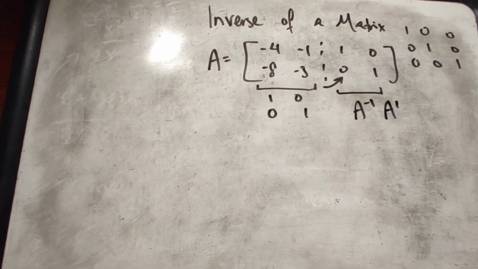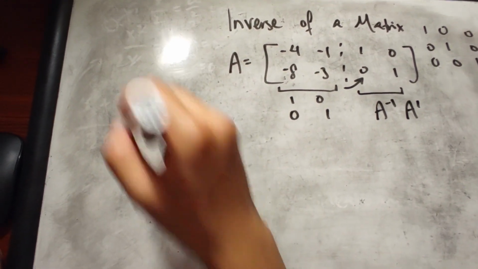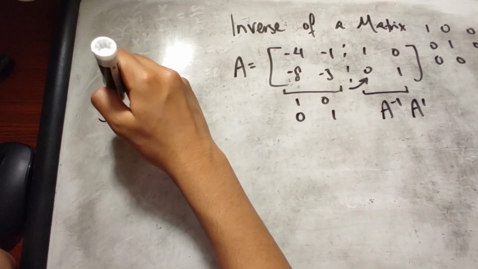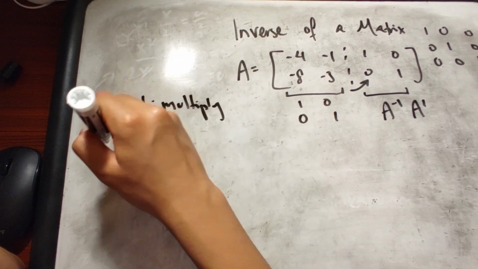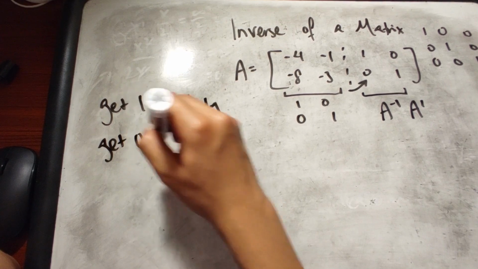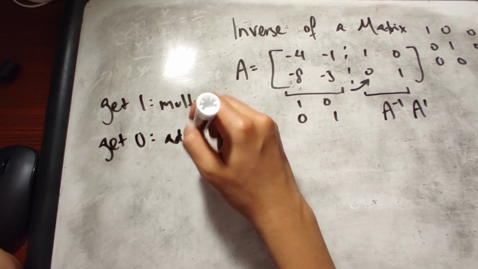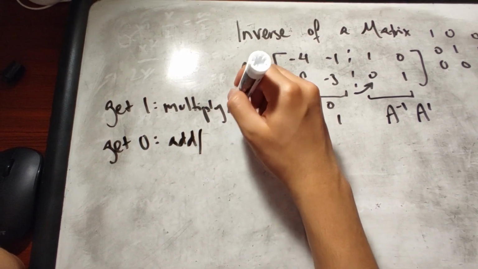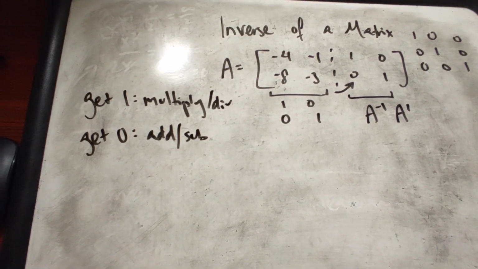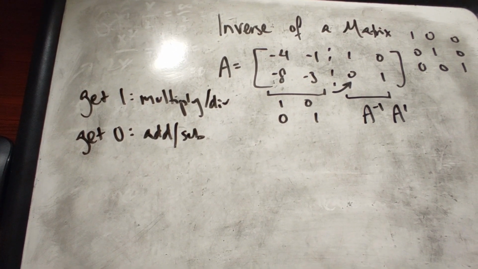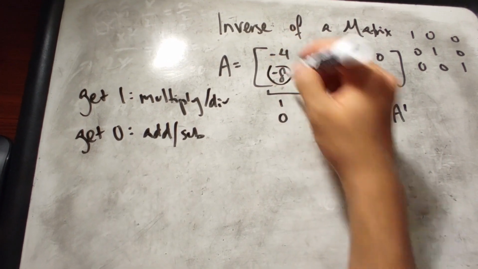So what we want to do is, to get the ones, you use multiplication, and to get a 0, you add or subtract. And for this one, you multiply or divide. So let's try to get this value to 0 first.